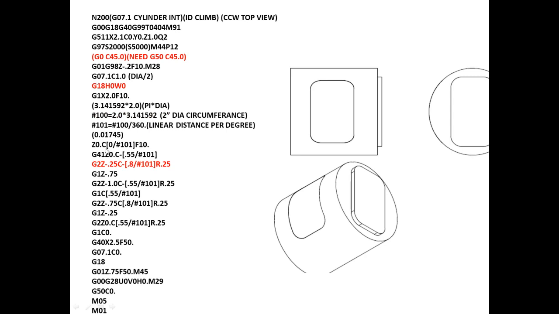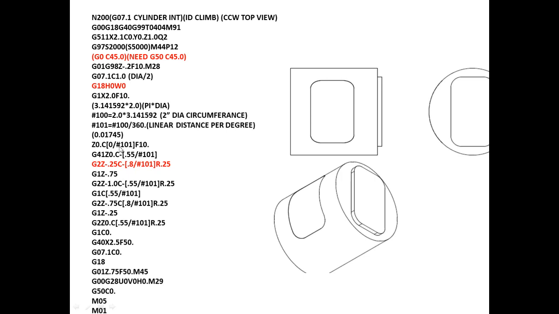I basically copied the polar interpolation program. So Z0 C is the polar interpolation program. We start from C0, then C minus 0.5, then C minus 0.8 on this dimension. Basically that's all the same C dimension. I just add a divide by #101, which we calculated before we even started here.